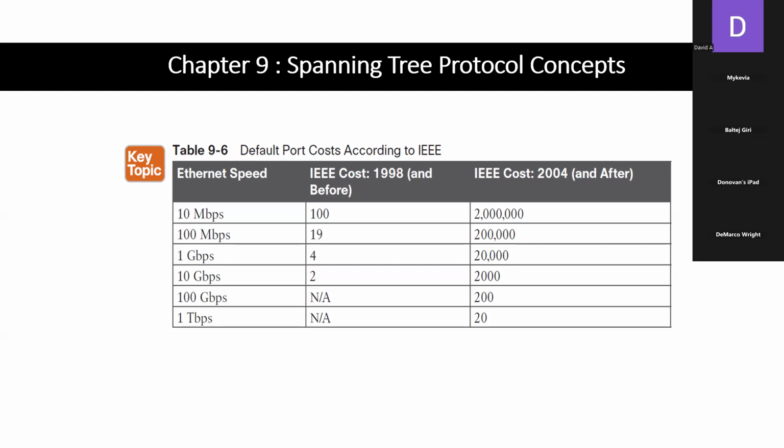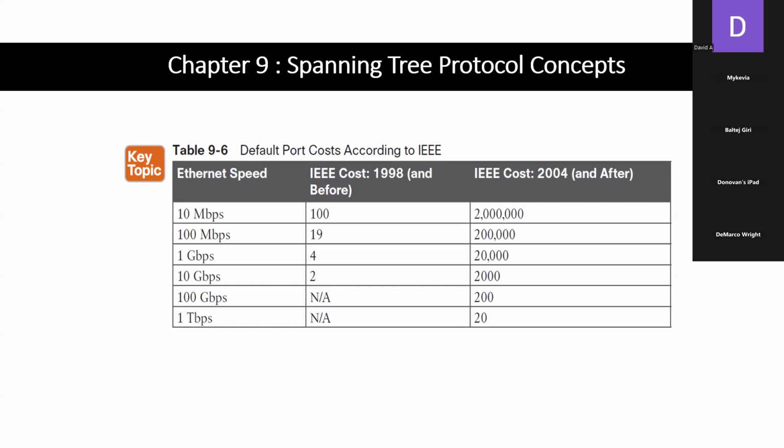Well, that doesn't work. What we can do is configure the switch to use new defaults, according to the IEEE 2004 standard and up. We have been graced with access to faster speeds. Now, at 1 gigabit, it's 20K. 10 gigabit is 2K, 100 gigabit is 200, and 1 terabit is 20.